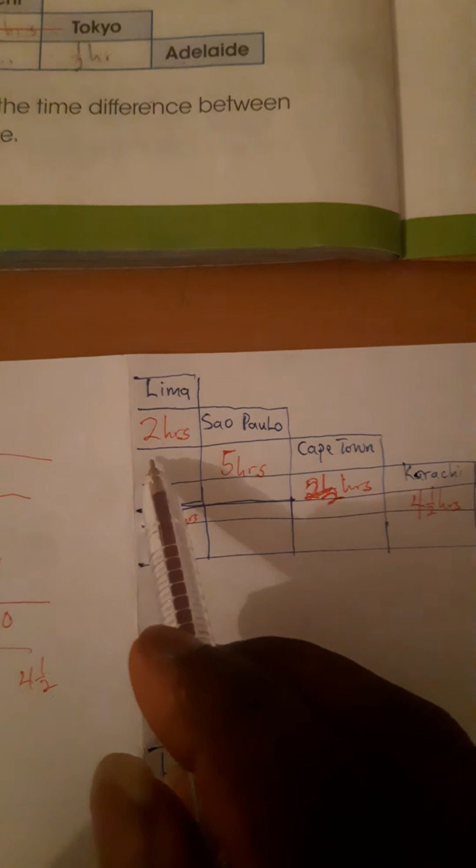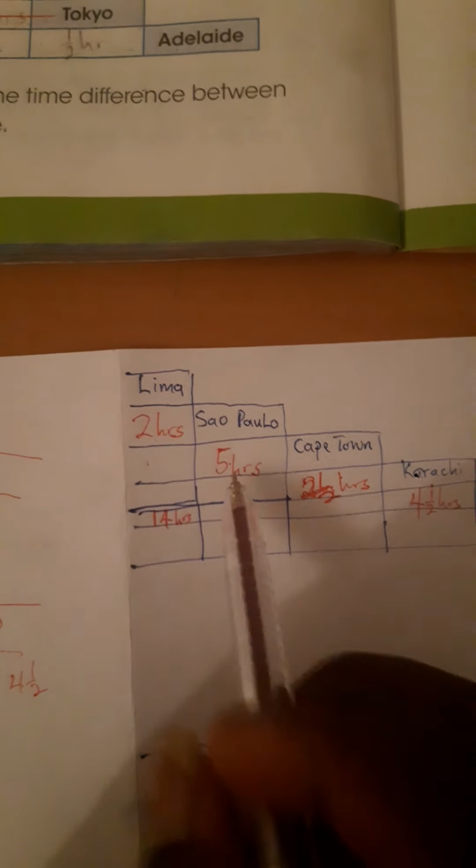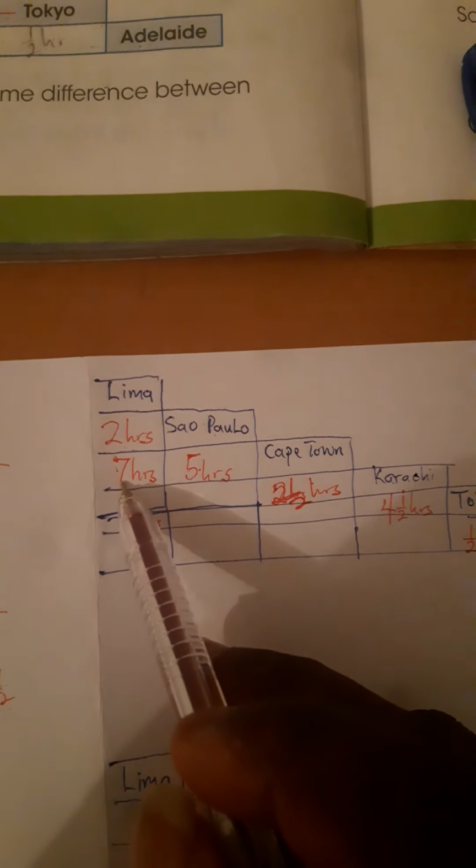To get the time here, you plus 2 hours and 5 hours together, because if you plus these two, you have 7 hours. Don't forget, the time difference from Lima to Sao Paulo must be 2 hours according to these two tables. The time difference from here to here is always 2 hours. Now, how do you get this number here? If you plus this, you have 7.